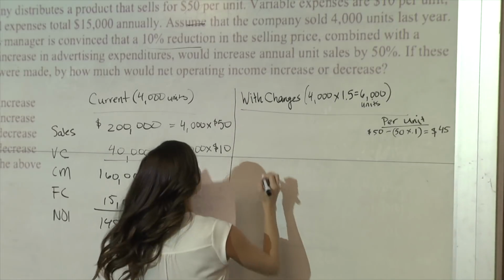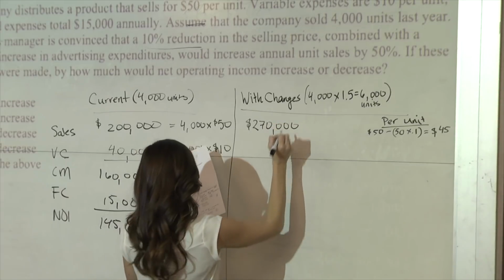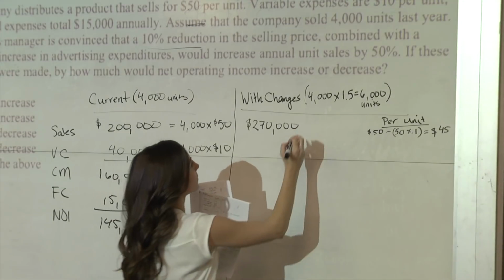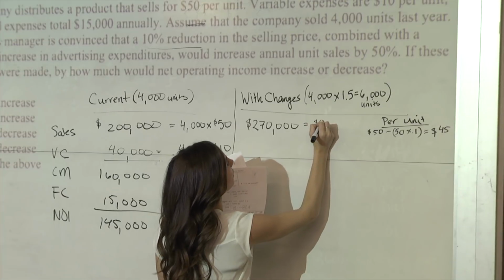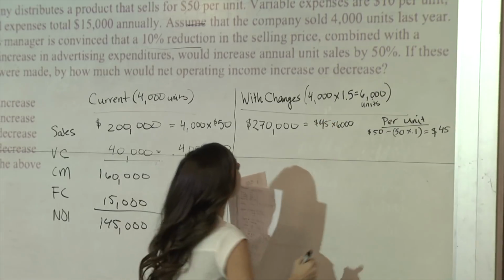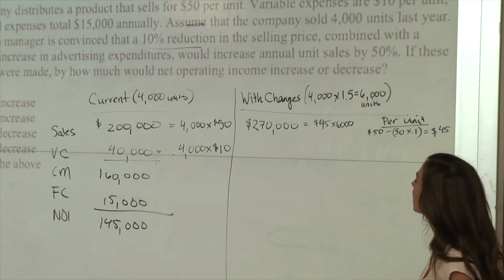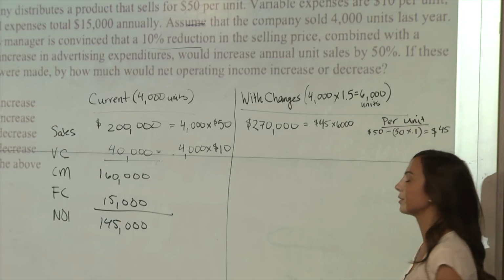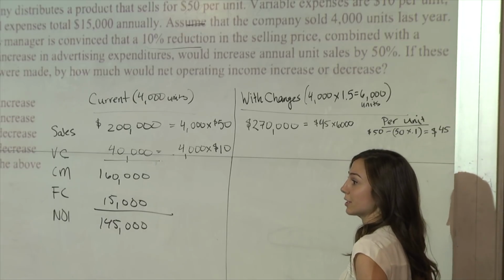So we will get, for sales, 270,000. And the way that we did that is by multiplying the $45 by the 6,000 units. Okay, so that's looking good so far. We have an increase in sales with this new situation. But of course, our NOI, whether it increases or decreases, is also going to depend on our cost.